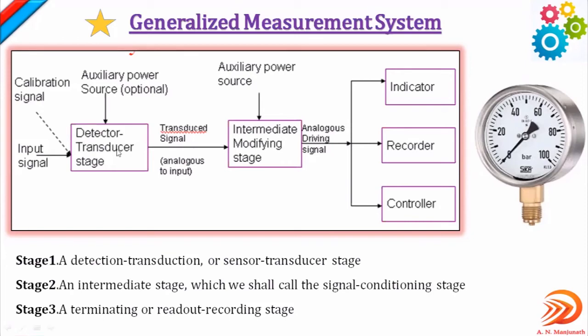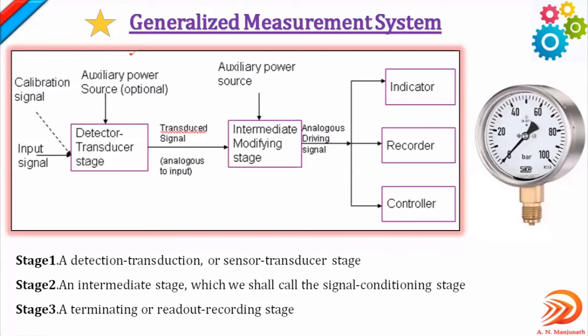See here, the first stage, the detector transducer stage. As the name represents, it is for detection. Detection in the sense that it will detect the input signals, right? Whatever physical parameter you are supposed to measure in the particular measurement system, the first stage, the detector transducer stage, is what receives the signal.